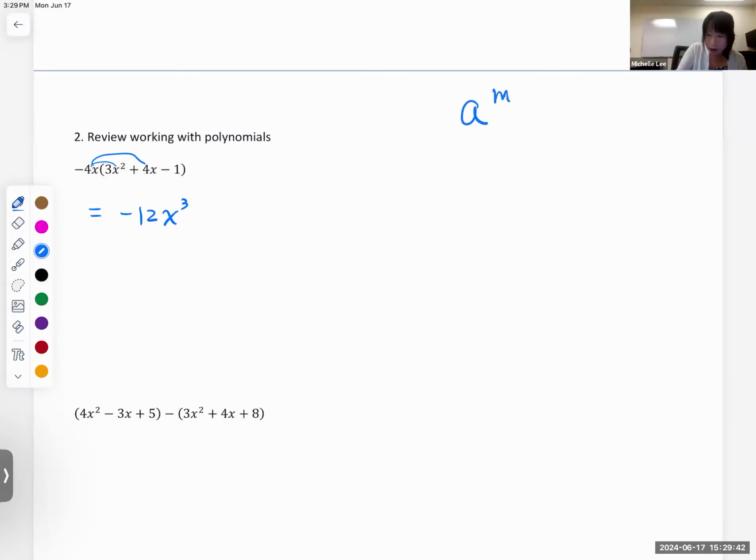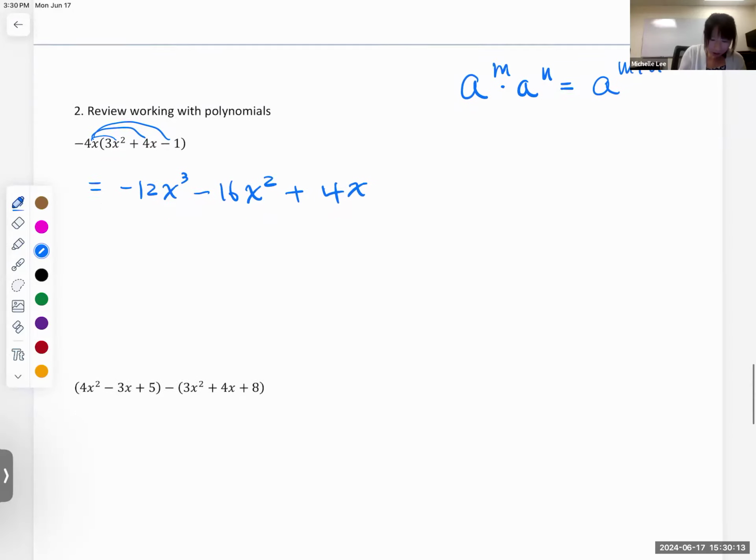So a to the m times a to the n is a to the m plus n. So we add their powers with the same base x. Then we have negative 16x squared, and negative times negative is positive 4x. Yeah, we don't have to do anything.